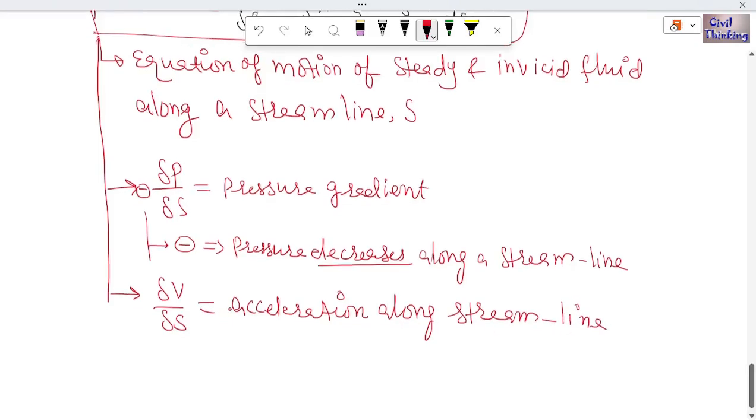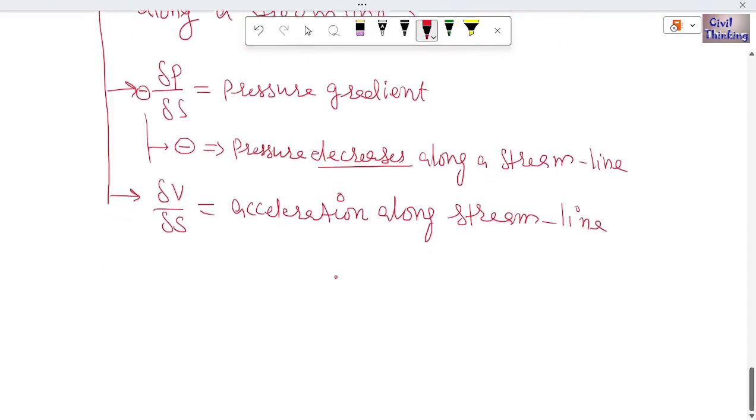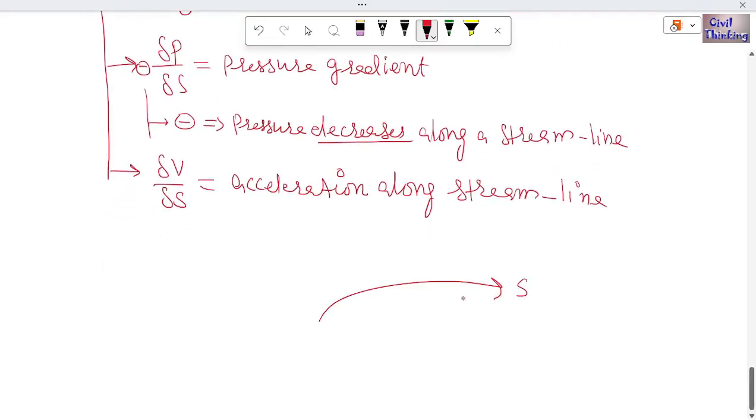Now because of this we have the velocities. If you see a streamline, the velocity of the fluid particles entering this position is v1, and at this position the velocity is v2. Why is it not v1 here also? It is because of the acceleration; when a body accelerates, its velocity changes. So on a streamline you will see the velocity is different.